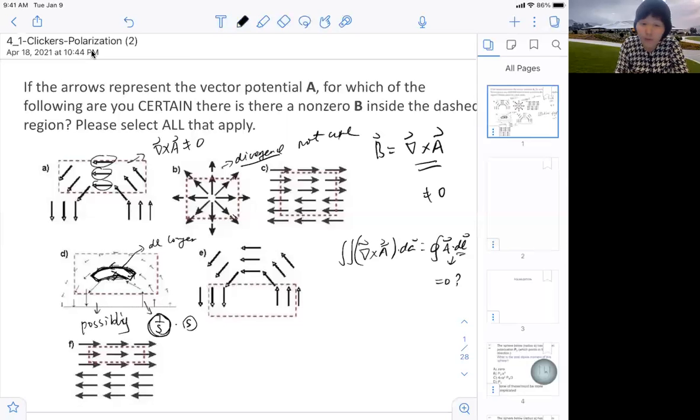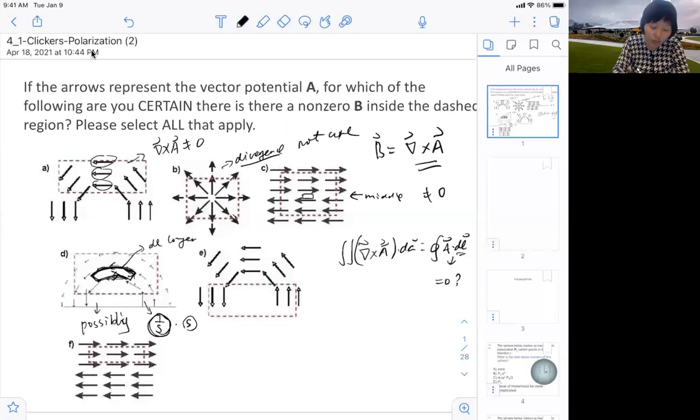So for C, let's look at C. C is interesting: what is happening in the middle? Right here in the middle, if you put a paddle wheel in there, it's going to rotate clockwise. You can also see the line integration is non-zero because you have this arrow flip direction, so your arrow dot dL is always positive.